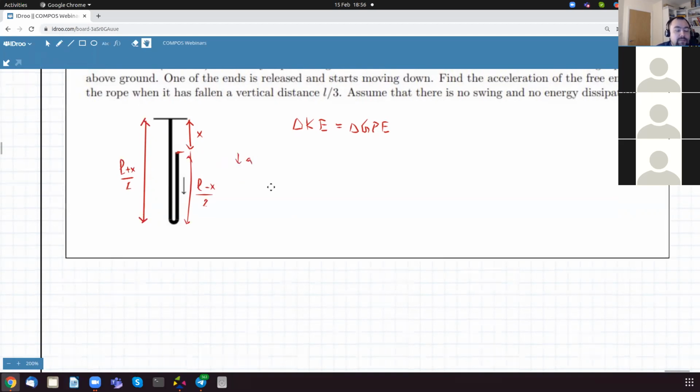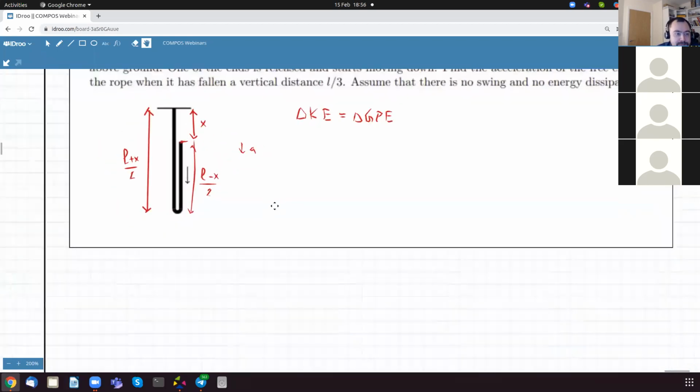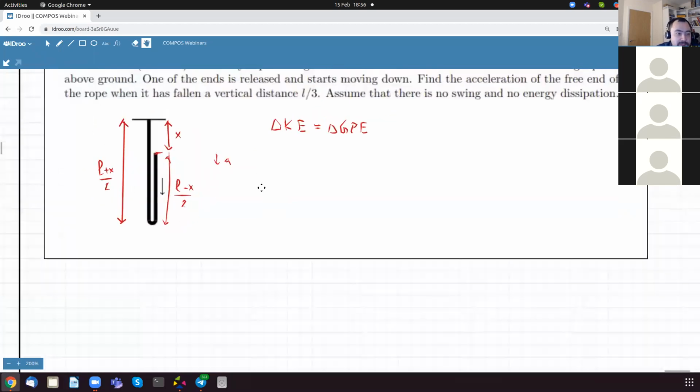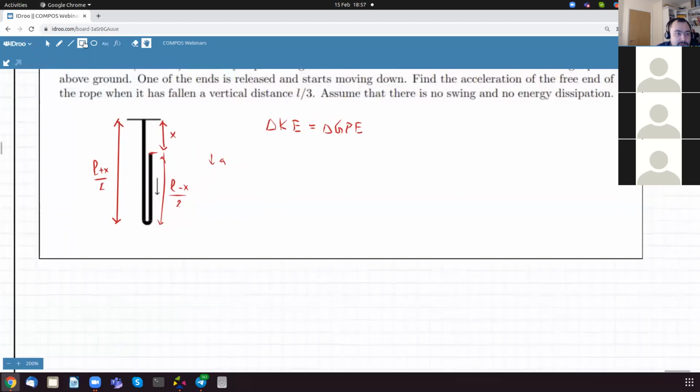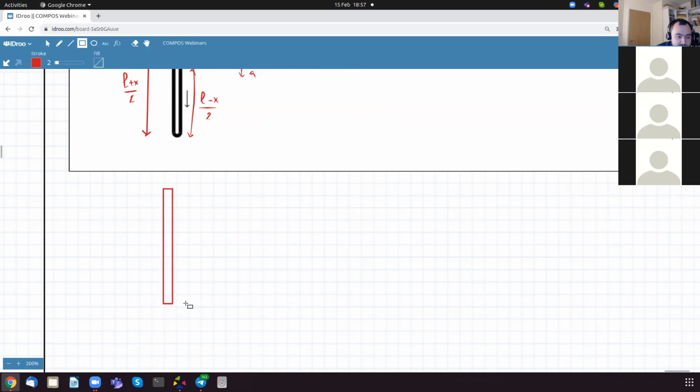Acceleration. Now we need to find the center of mass. So I'm going to draw these two pieces of rope separately. I'm going to draw the first piece of rope and the second piece of rope.